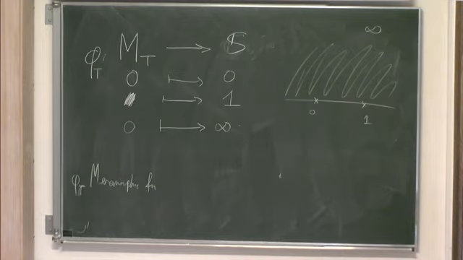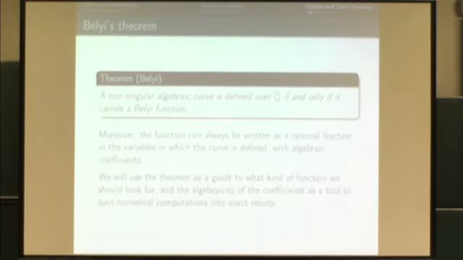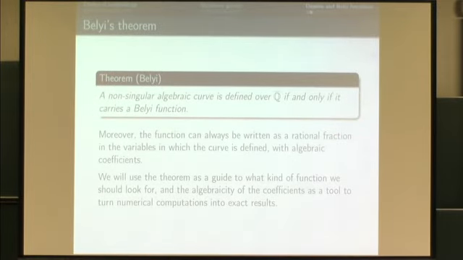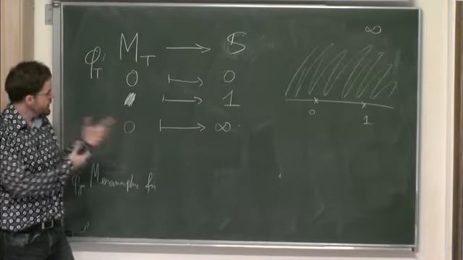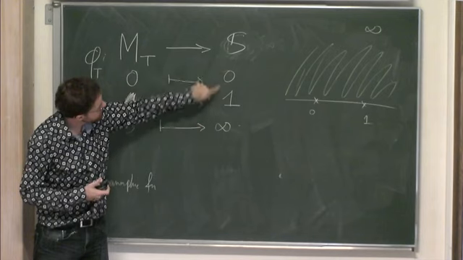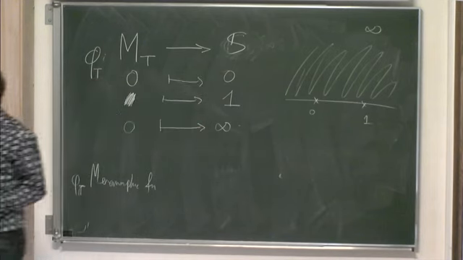So what do we get from this? Well, there is this theorem by Belyi saying that if you do that on some algebraic curve, there will be such a map here, which goes from your curve to the sphere, and which is ramified only above 0, 1, and infinity, which is exactly this kind of map.